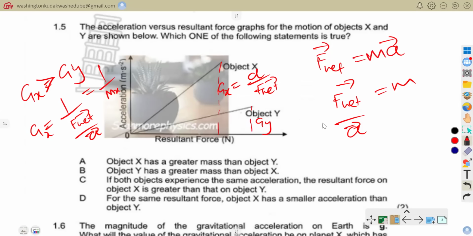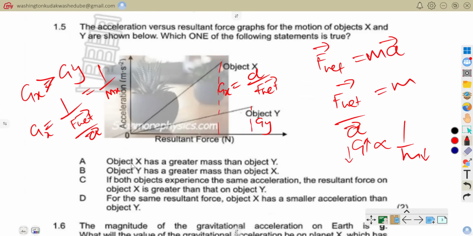And here we can see that the gradient is inversely proportional to the mass, meaning the steeper the gradient, the smaller the mass, and the smaller the gradient, the larger the mass.